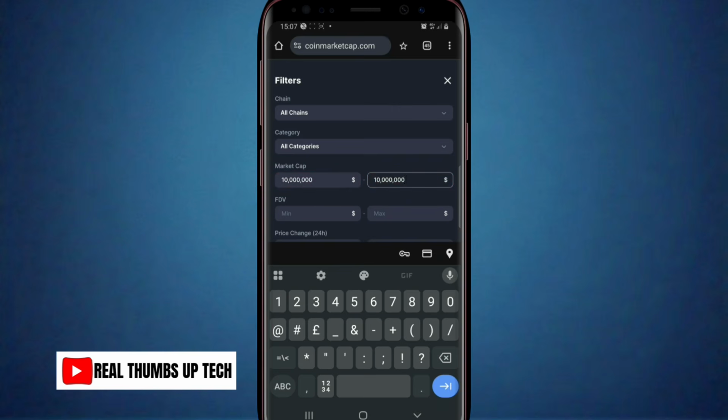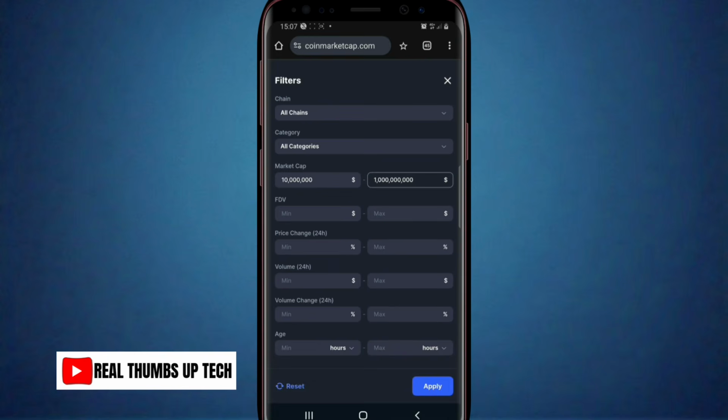I don't want it to be more than that, so that I won't find a very stable market for my crypto arbitrage. 10 million to 1 billion. So they will list coins for me that have market cap from $10 million to $1 billion.